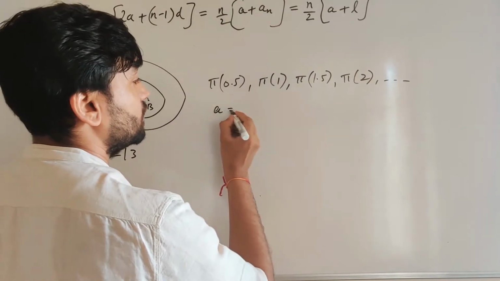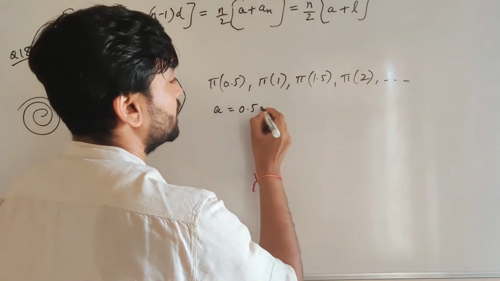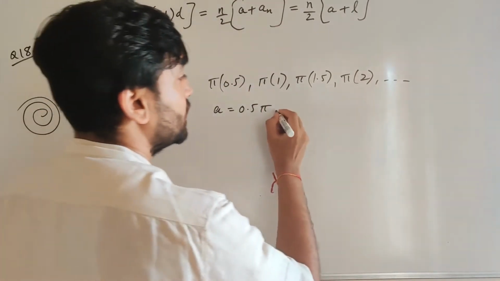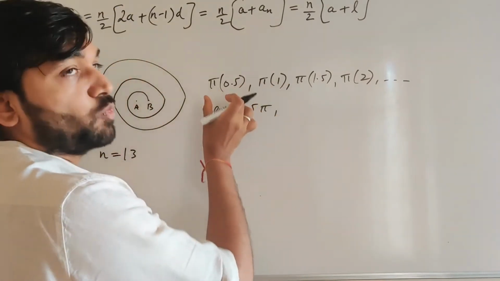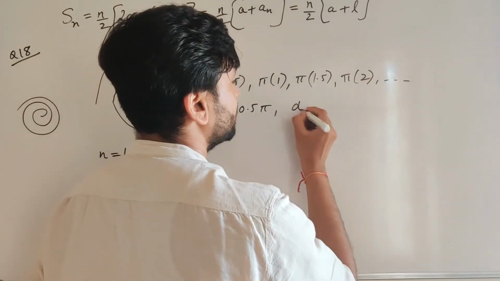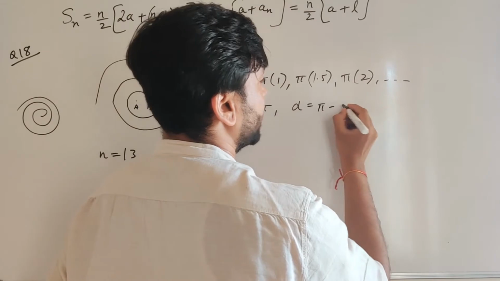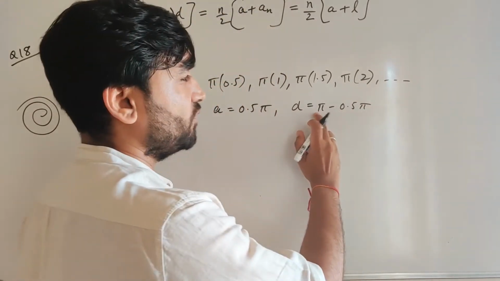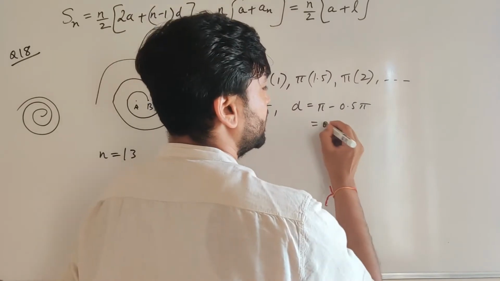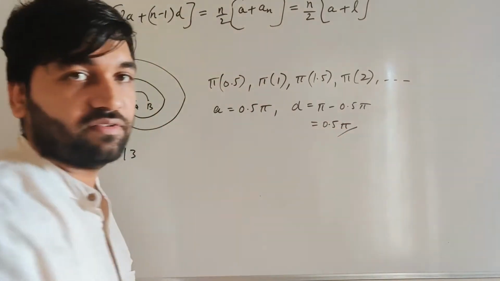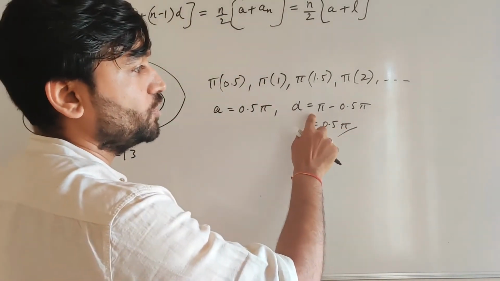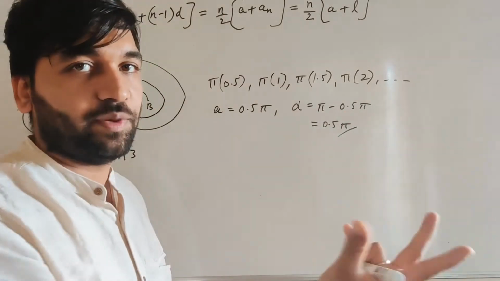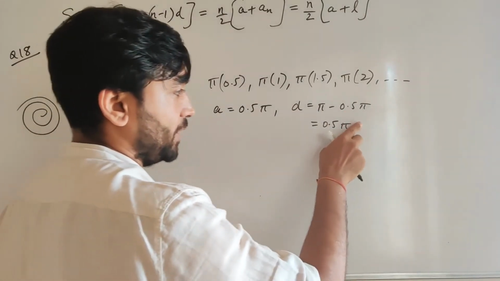So here, if you look, 0.5 pi becomes the first term. The common difference is pi minus 0.5 pi. So this is pi, nothing but 1 pi. 1 pi minus 0.5 pi is 0.5 pi itself. Right? It's like 1 into pi. 1 pi minus 0.5 pi will give you 0.5 pi.